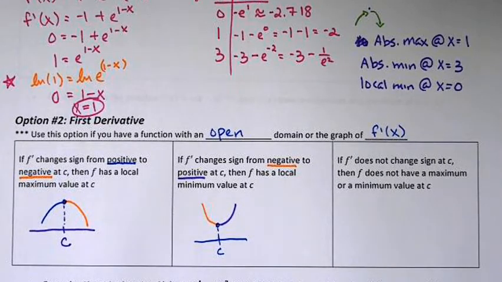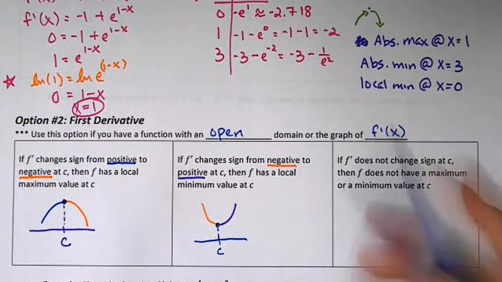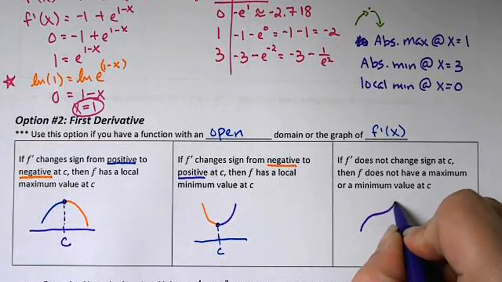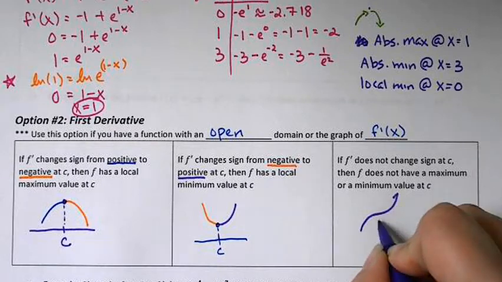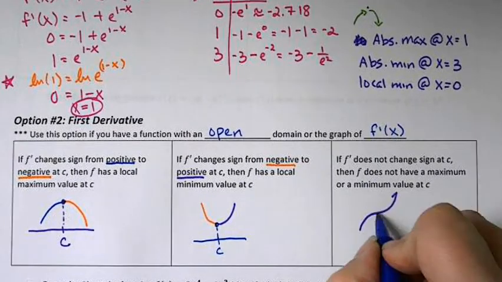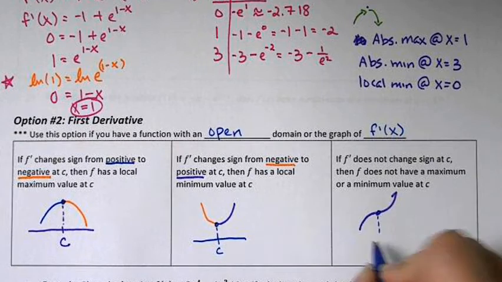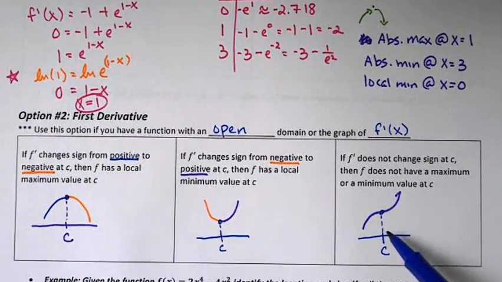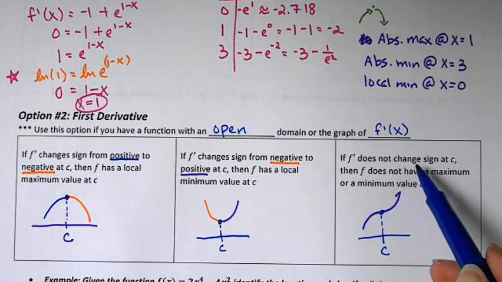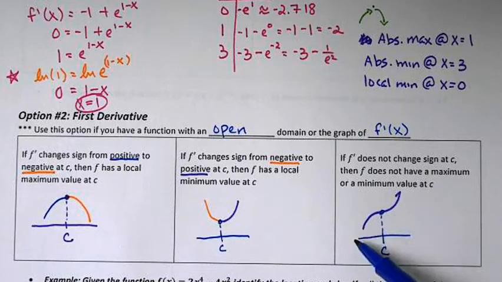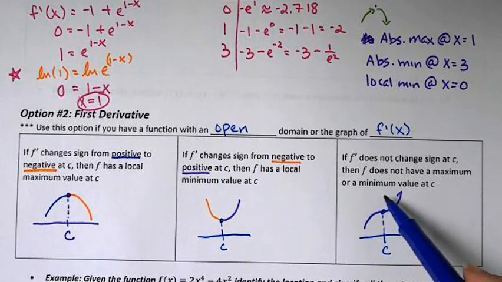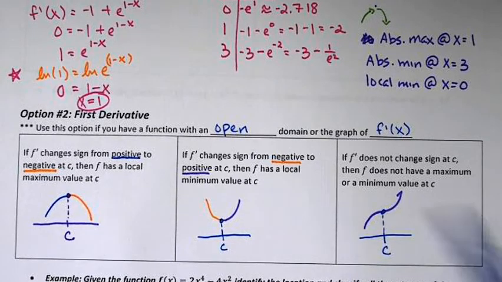So in other words, if we had something that looked more like this, then at this c value here that we're looking at, the values didn't change. We were increasing and then we were increasing some more. So we never changed sign. That means that the function doesn't have a minimum or a maximum value.